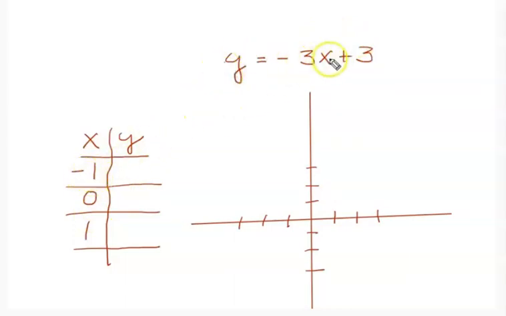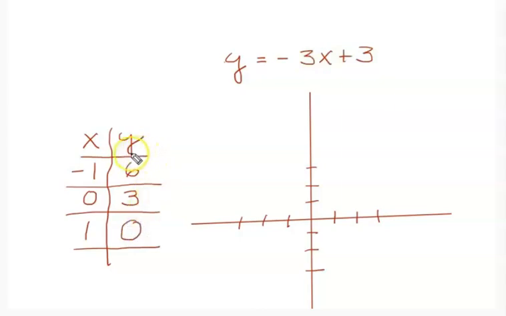Well, if x is a -1, -3 times -1 is a +3, so this becomes a 6. Now, if x is 0, -3 times 0 is 0, this becomes a 3. And if x is a 1, -3 times 1 is -3 plus 3. This is going to be 0.